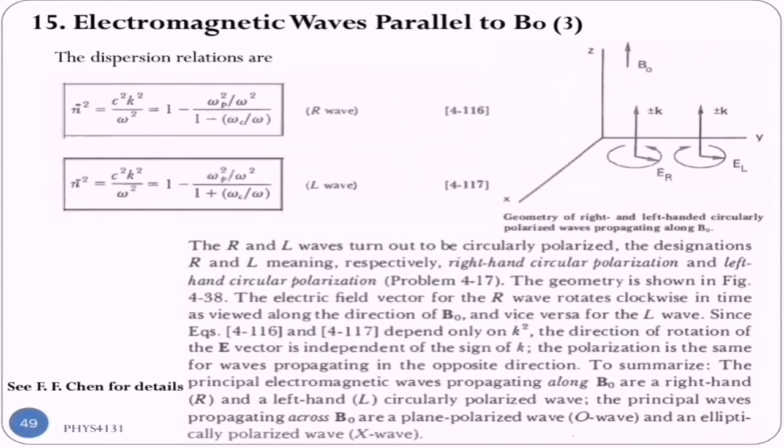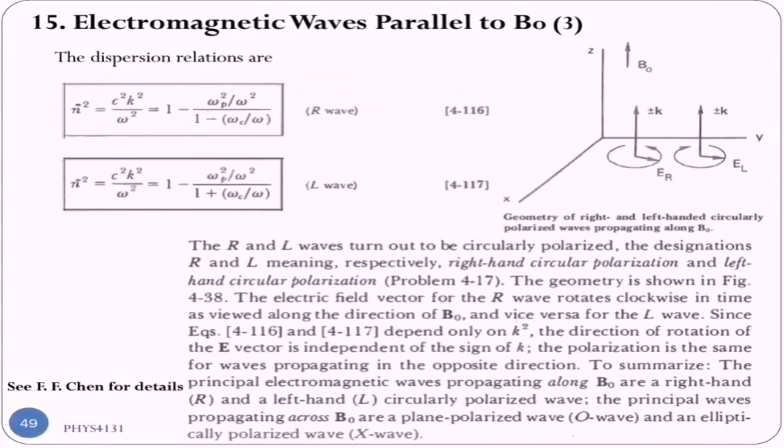The geometry of right and left-handed circularly polarized waves propagating along B naught can be viewed in the diagram. The electric field vector for the R wave rotates clockwise in time as viewed along the direction of B naught, and vice versa for the L wave.